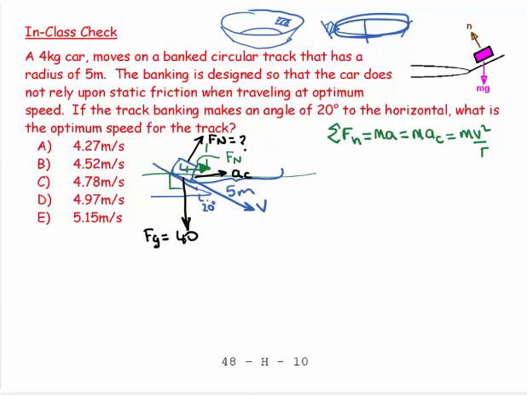Now, I got some angle issues here. If the small angle is 20, the big angle is 70. If I transfer this up, I can just see that the small angle here is 20. So this would be Fn sine 20.